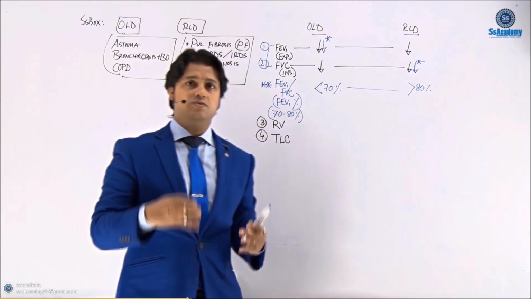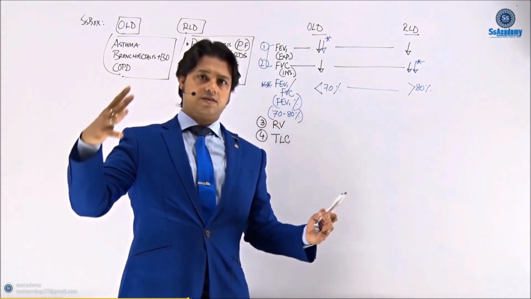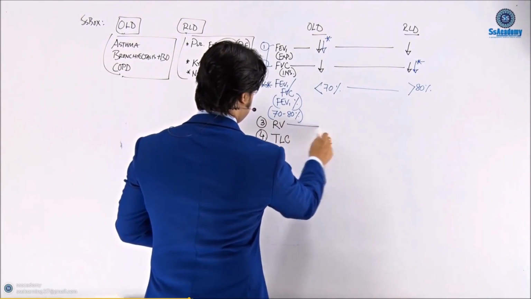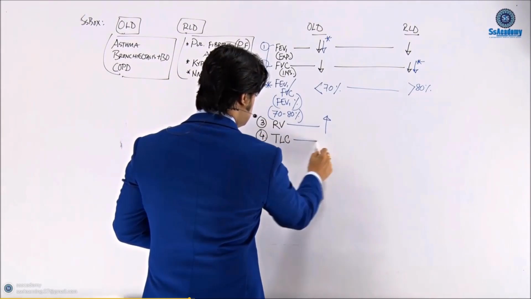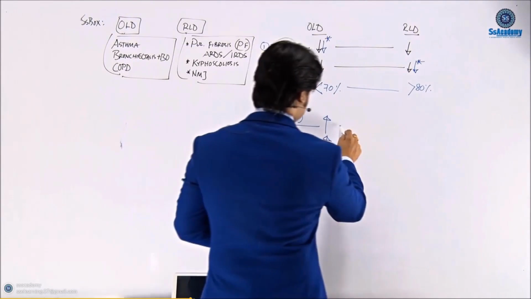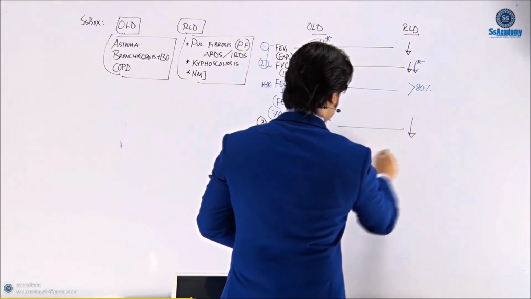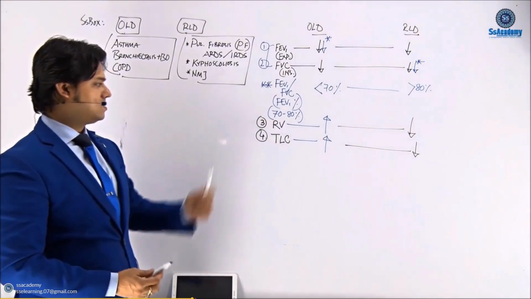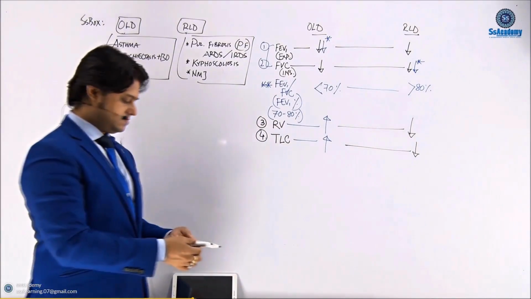So this residual volume is increasing, and the total lung capacity will be increased. In contrast, in a restrictive airway disease, both residual volume and total lung capacity will be reduced.